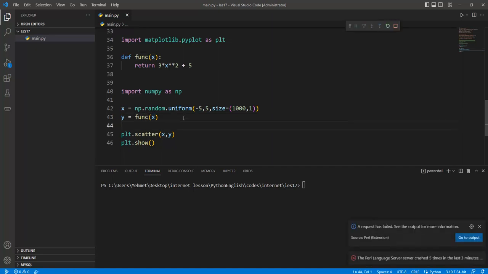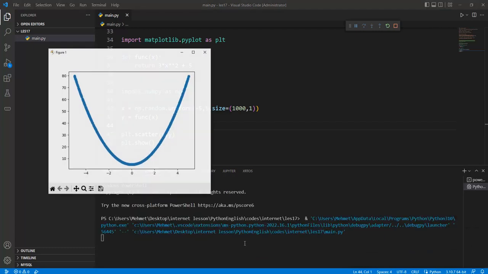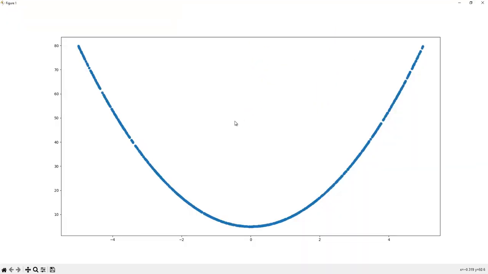And so if I run this code, then our data set is created in here like this one, -5 to 5. And so these are the general specific equation related to the 3 times x squared plus 5. Okay, these are the training data or objective data in here.